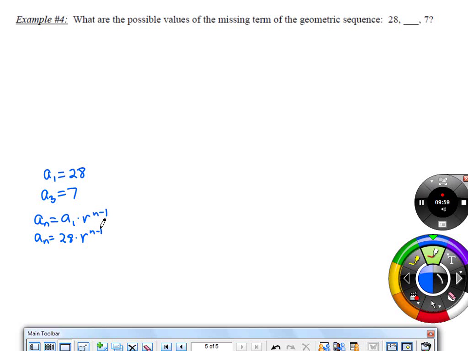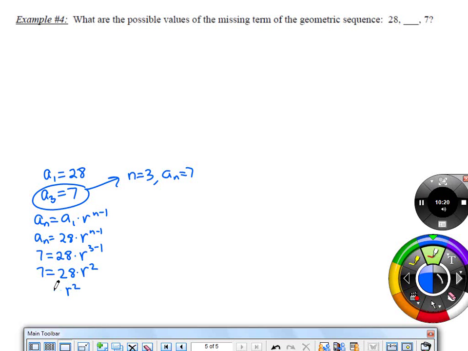When n is 3, a_n is 7, and I'm going to plug those in like an ordered pair. So 7 equals 28 times r to the 3 minus 1 power. So 7 equals 28 times r squared. If I divide both sides by 28, I get that r squared is equal to 1/4.